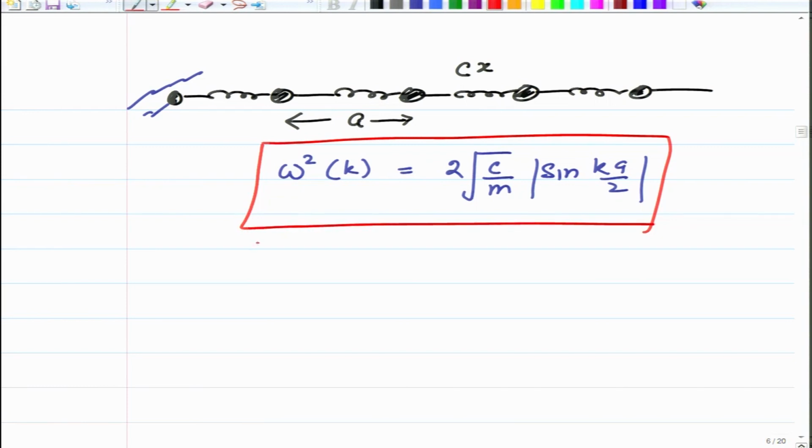Recall, what is k? K is 2 pi over lambda. So, the picture that is coming to our mind now is that if I have this chain, I am not bothering to make the spring again and again.